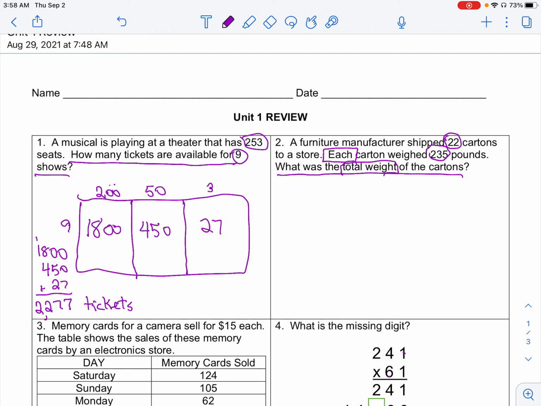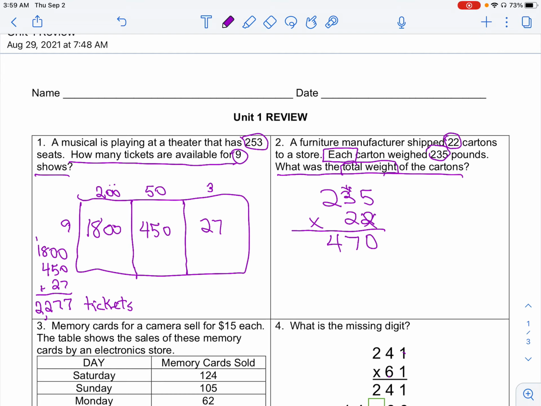I'm going to solve this one using the standard algorithm. I love multiplying by double numbers like 22 or 33 or 44 because you're really multiplying by the same number each time. So we go 2 times 5 is 10. Carry the 1. 2 times 3 is 6, one more makes 7. And 2 times 2 is 4. We're done with the 2 and we're ready to go on to the other 2.